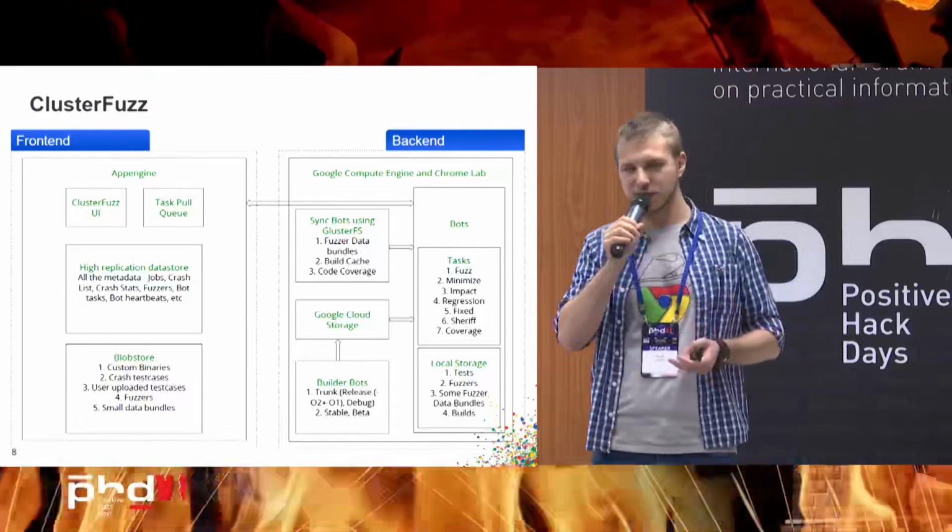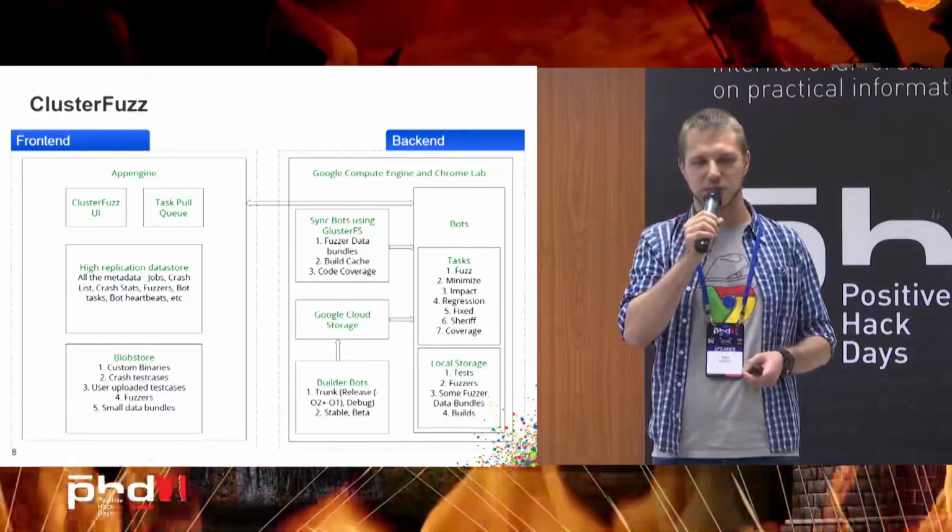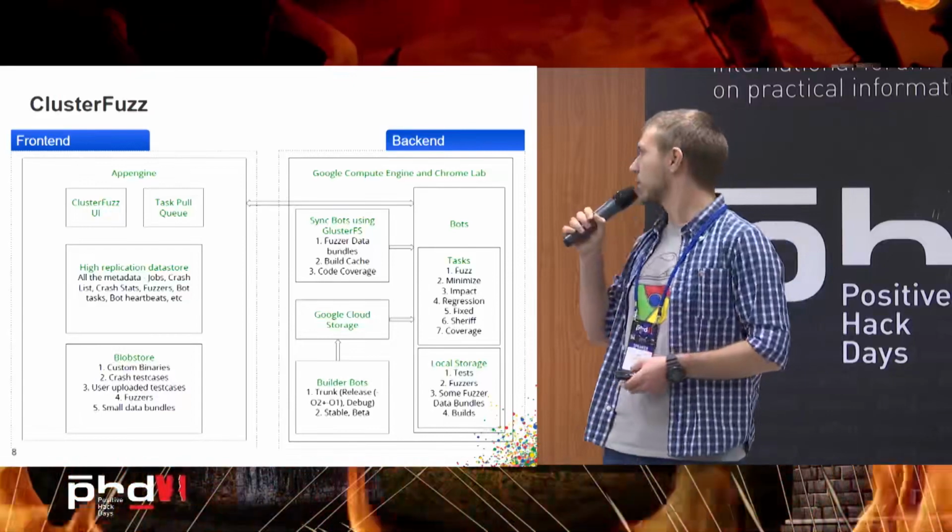So each bot at any given point in time is either fuzzing or minimizing the results of successful fuzzes. So, for example, it can do sort of historical analysis, trying to track who introduced this or that bug, in what particular fork of the code.